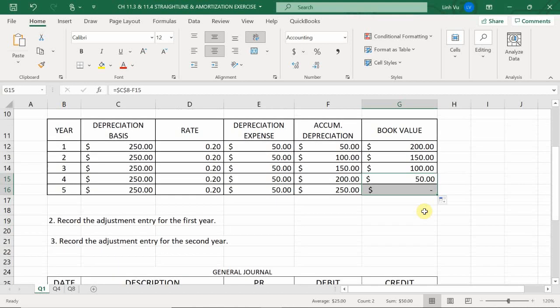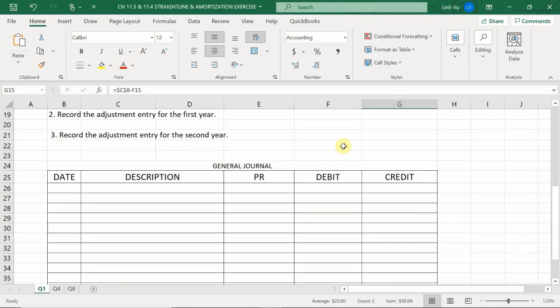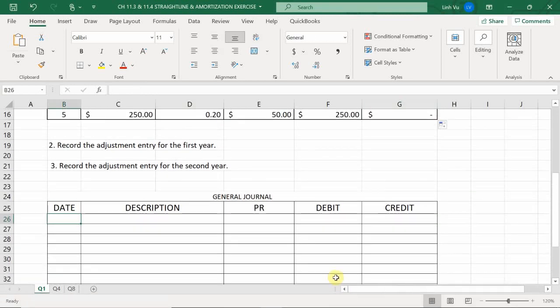So now let's go ahead and journalize our adjustment entry for the first year of depreciation. And then the second question asks for the second year of depreciation. If I'm assuming that I am depreciating at the end of the year, December 31st, how should my journal entry look?